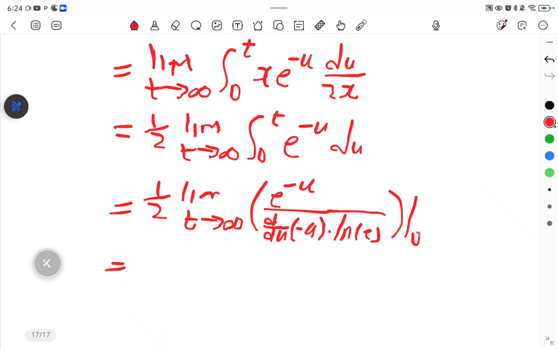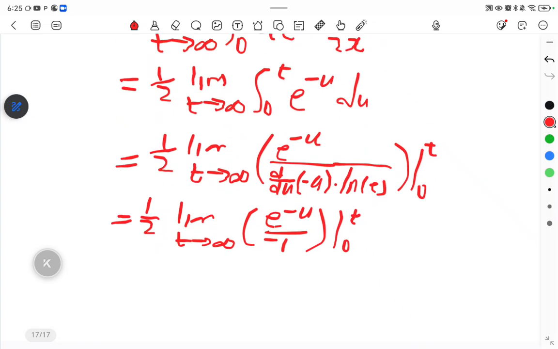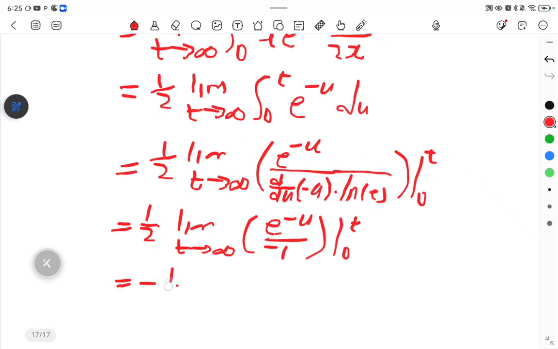Then this will be 1 over 2 the limit as t approaches infinity of a to the minus u over minus 1, from 0 to t. Then that would be minus 1 over 2 the limit as t approaches infinity of a to the minus, plug back the u because I didn't change those intervals. Our u was x squared, right? From 0 to t.